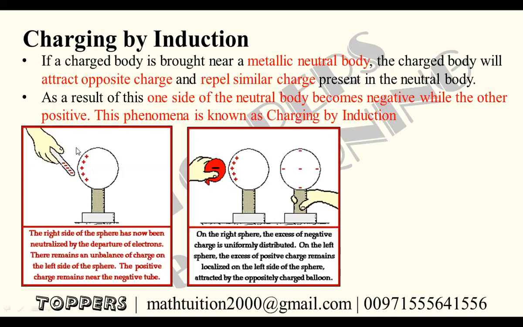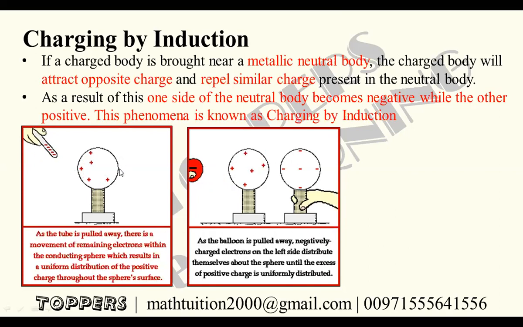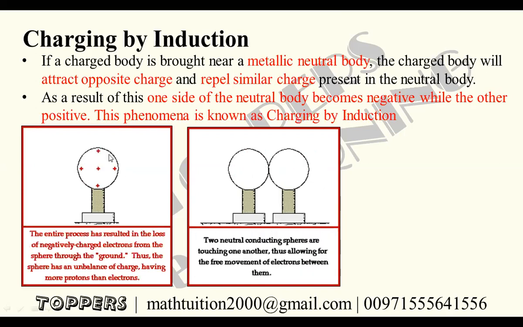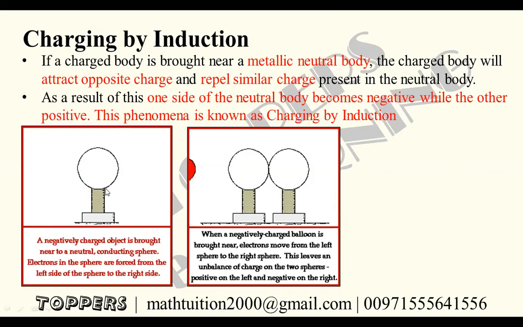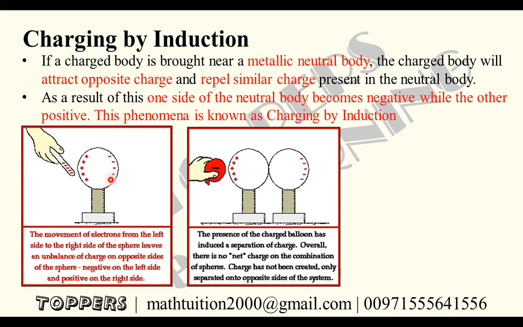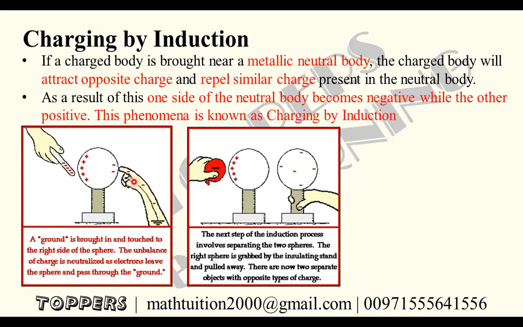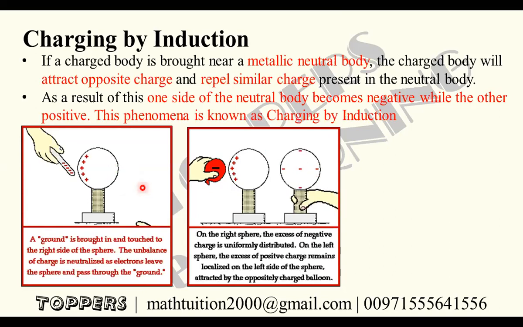But by keeping it like this, if you touch the other end, meaning if you are giving earthing, what will happen? The electrons which are accumulated in this area will flow to the earth through our hand, because earth is an ocean of electrons.